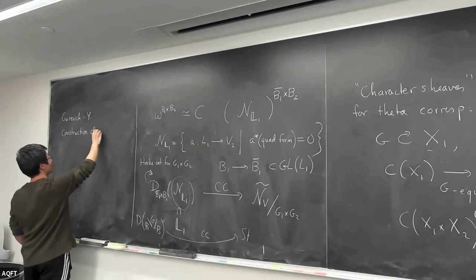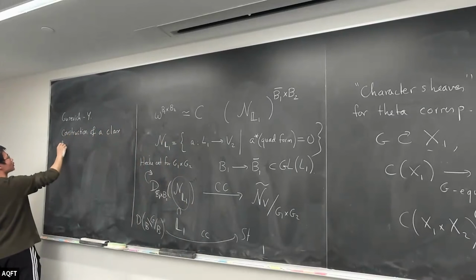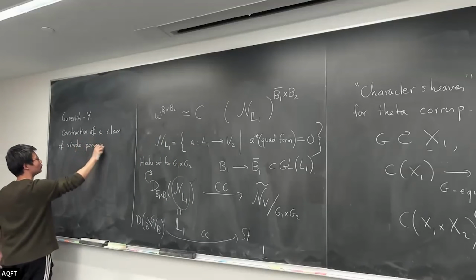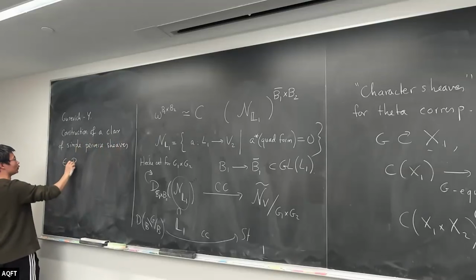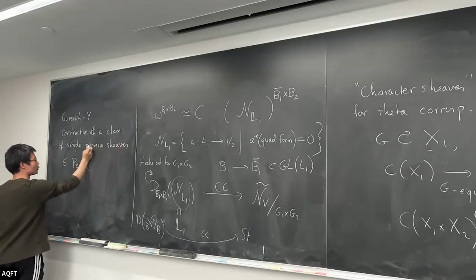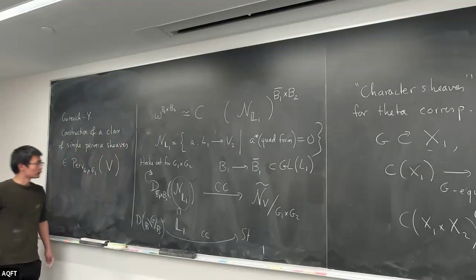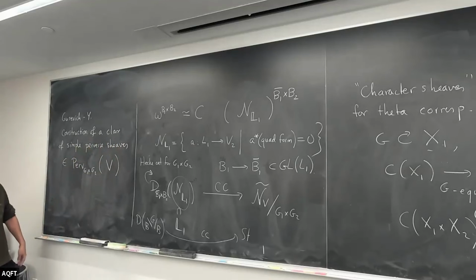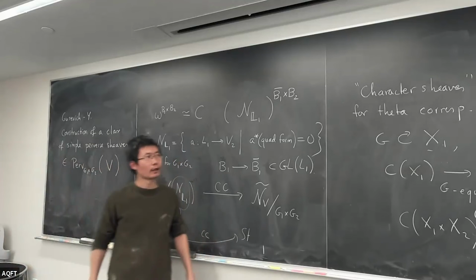Construction of a class of simple perverse sheaves inside G1 times G2 equivariant perverse sheaves on this V1 tensor V2 that categorifies projectors to irreducible summands.